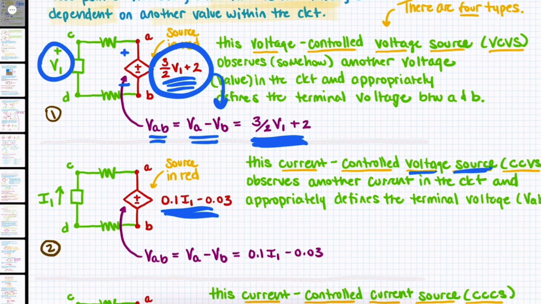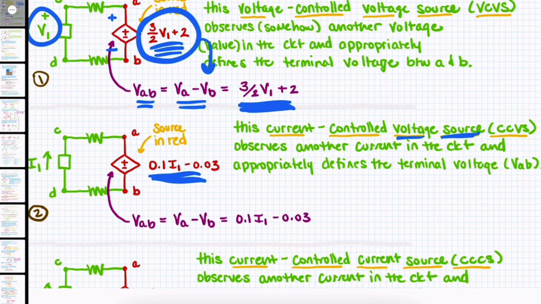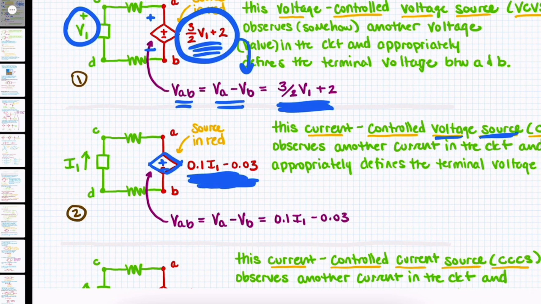Now the current controlled voltage source, CCVS, still has a diamond, still has plus minus, but you'll see this equation is dependent on a current, specifically the current I1 over here. And what we see is that VAB, still plus and minus, is equal to VA minus VB, that's nothing new, and that is going to be equal to 0.1 times I1 minus 0.03 volts.